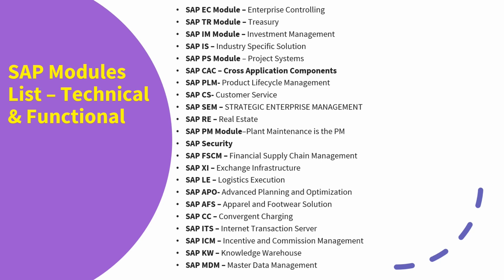So you can find lots of jobs in each and every module. And that's why lakhs of jobs are available inside SAP, because every customer is using SAP. So you know that if everyone is using it, then we have a good future in SAP.